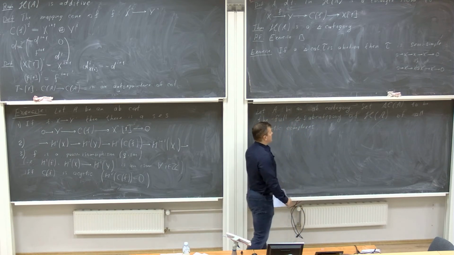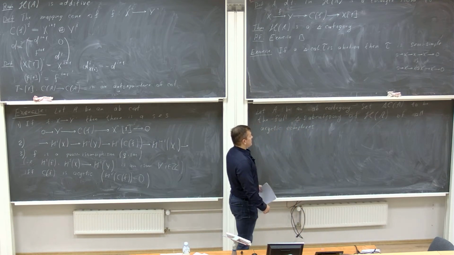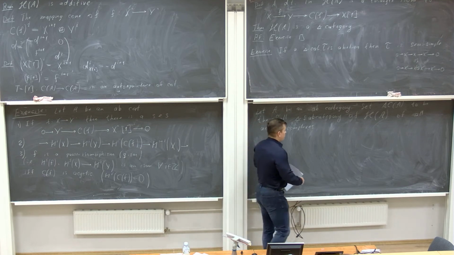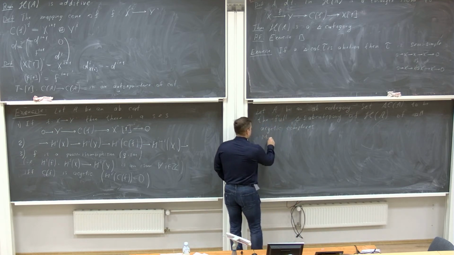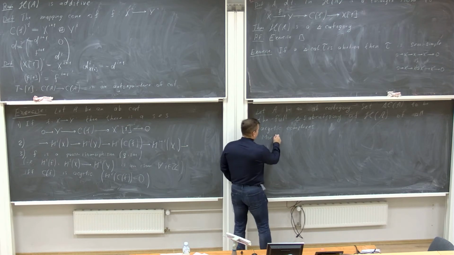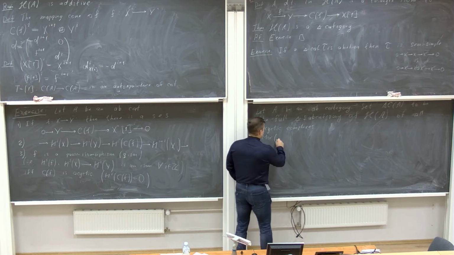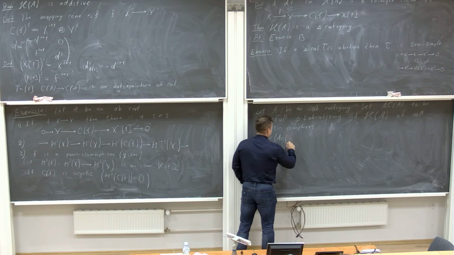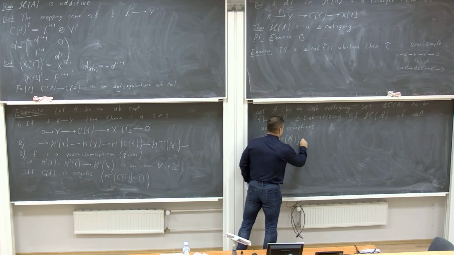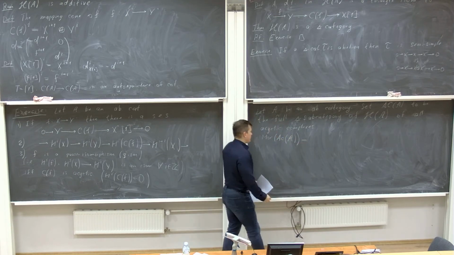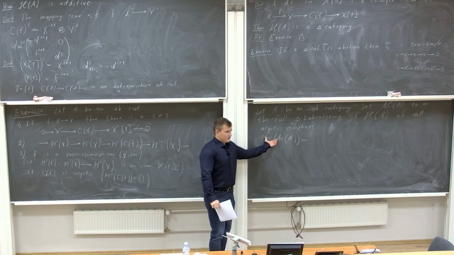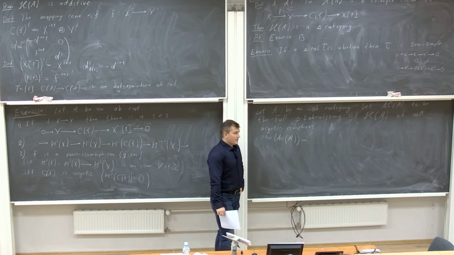And remember that when we discussed the localization of the triangulated categories, the so-called Verdier quotients, we also associated the class of morphisms with the subcategory. So what are the morphisms in this case? Morphisms of the subcategory AC of A. Can you tell me what this class is in this situation? Yeah.